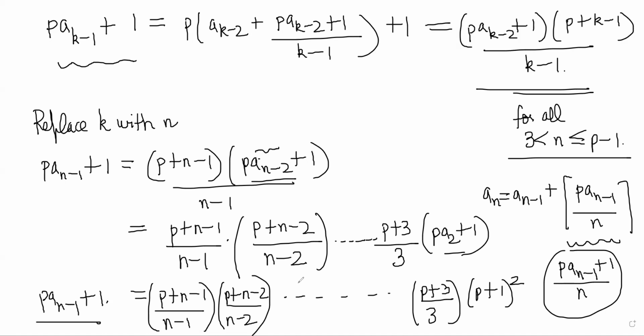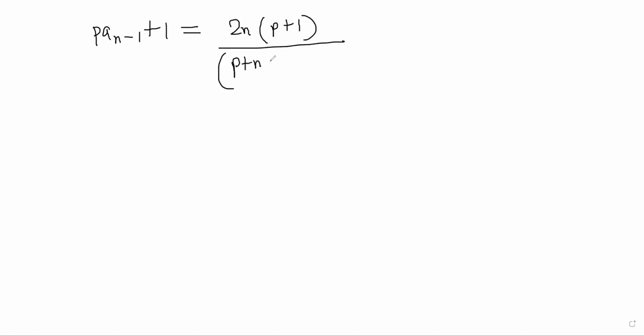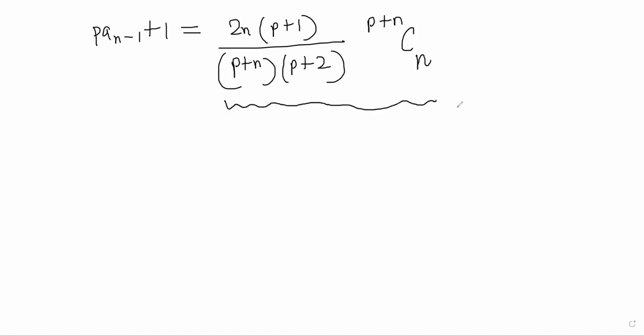Now this expression on the right hand side, you can prove is actually equal to, I'll show you on the next screen. We have p a n minus 1 plus 1 is equal to 2n to p plus 1 by p plus n, p plus 2, and p plus n p n. You can prove that this expression is equal to the RHS that I wrote on the next screen.